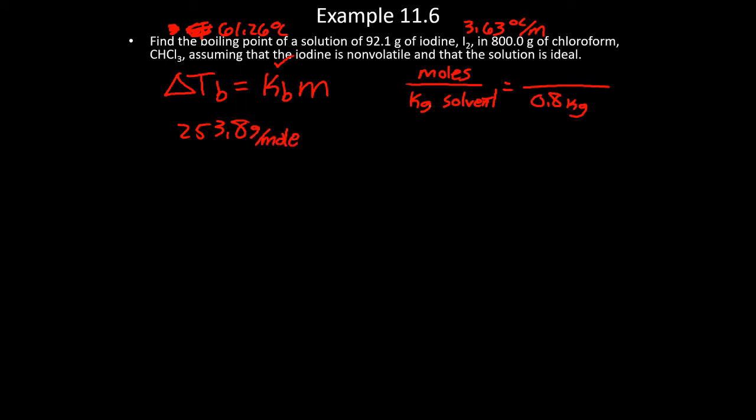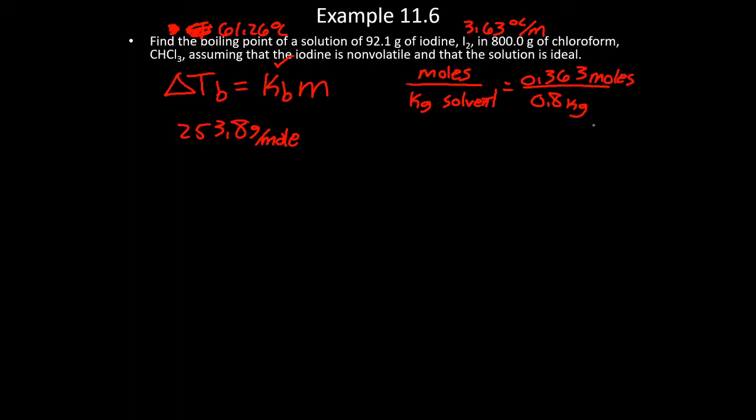So if we go ahead and take the 92.1 and divide it by that number to get the number of moles, that would be 0.363 essentially moles of iodine.